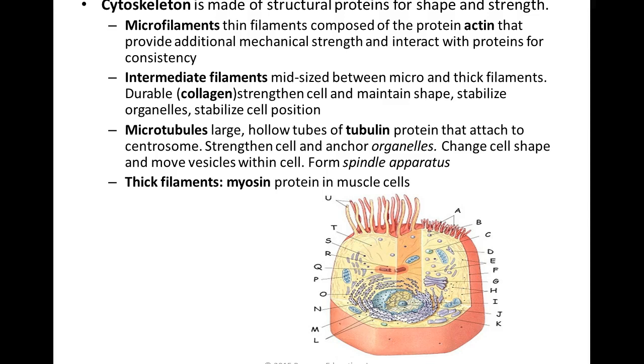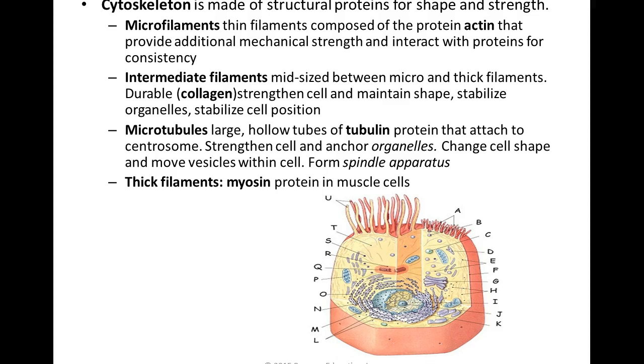The microtubules are unique in the fact that they give rise to the centrosomes, and so they're associated with the centrosomes. Centrosomes will be very important when the cell gets ready to replicate itself, go through mitosis. So they give strength to the cells.